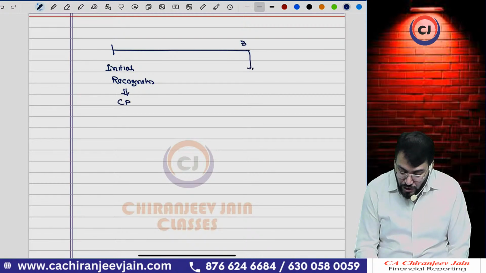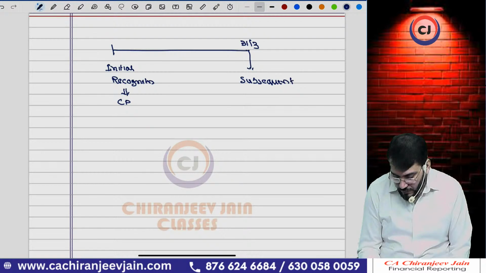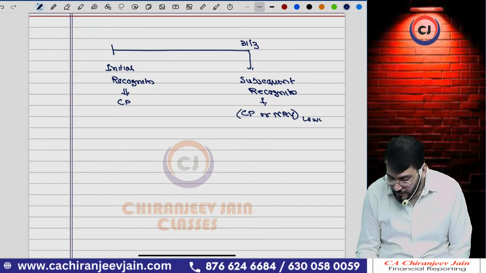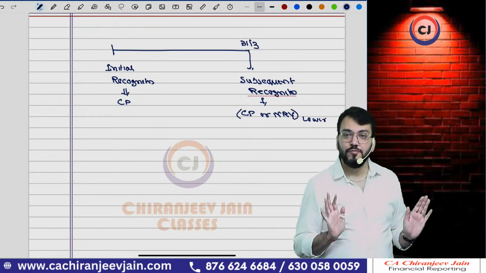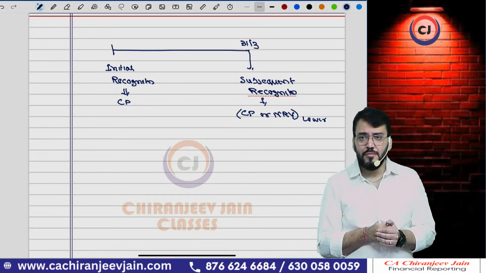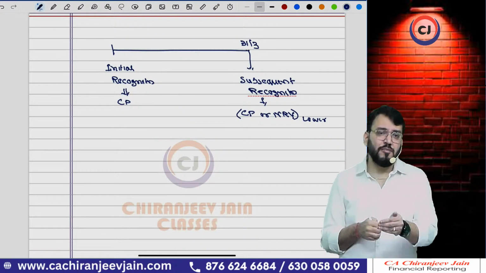When we say subsequent recognition, it means at each reporting date, and then we compare cost price with NRV and take the lower one. Understood? Now we need to understand what is cost price and what is NRV, and how to identify them.